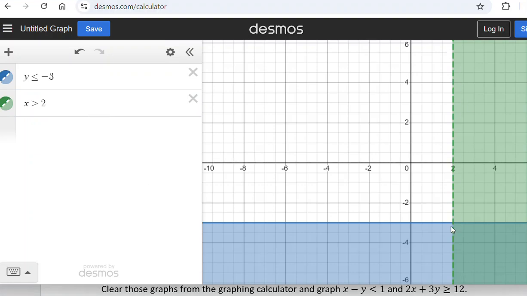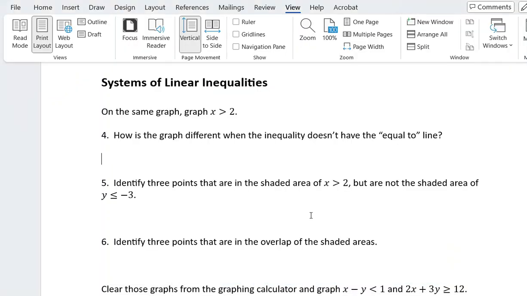And that means that the line itself is not included. So points on this dotted line would not be included in x greater than 2 because x is equal to 2 on the dotted line. And so x is not greater than 2. So the line is dotted instead of solid.